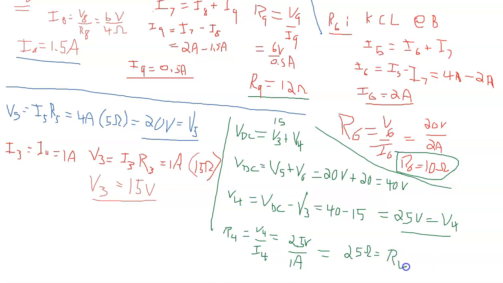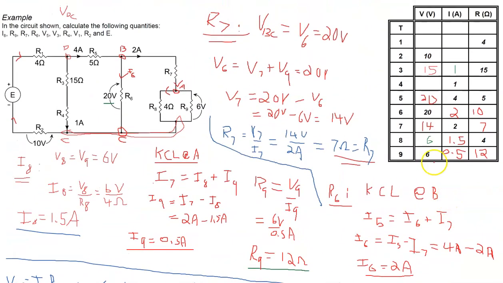And so the solution to this problem really involves us going through the circuit step by step, using all the rules that we know and applying them to figure out the information that we've been asked for. And so up here in our table now, we can write in that V4 was found to be 25 volts, and R4 was found to be 25 ohms.